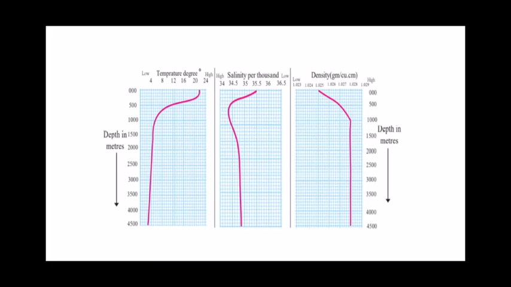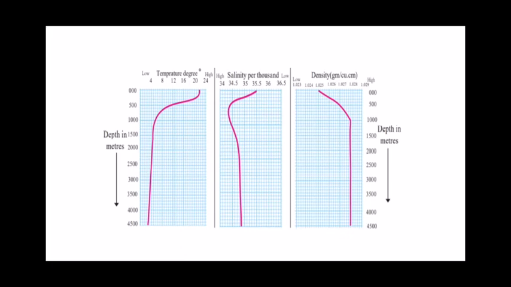Generally we call the sea water up to the depth of 500 meter as the surface water. This water is affected by certain factors like ocean currents and sun rays.